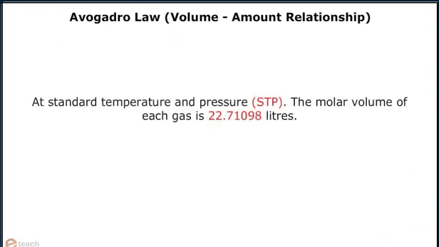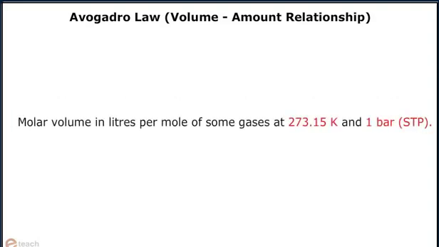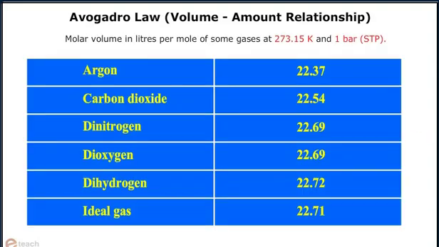At standard temperature and pressure, also known as STP, the molar volume of each gas is 22.71098 liters. Molar volume in liters per mole of some gases at 273.15 K and 1 bar, which is STP, is given here.